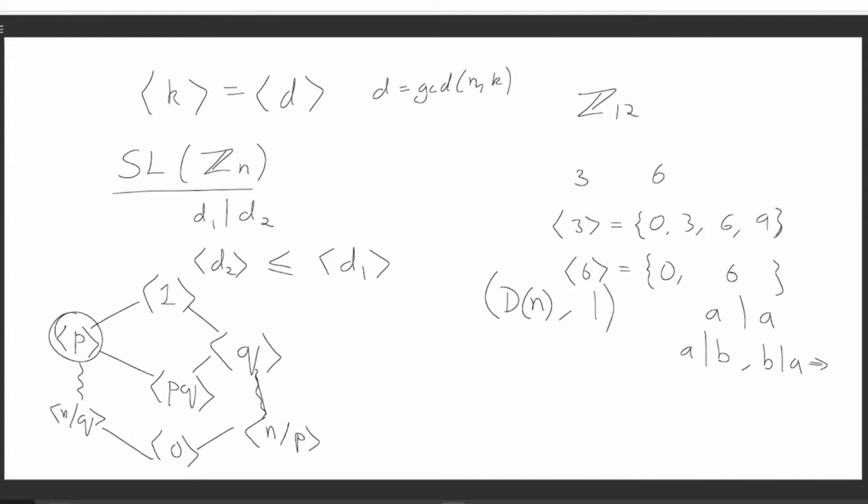If a divides b and b divides a, then a must be equal to b. That is antisymmetry. And if a divides b and b divides c, then a divides c. That is, b is a multiple of a, c is a multiple of b, so c is a multiple of a. So this is a partial order relation. The set of all positive divisors of n together with the divides relation is a poset.